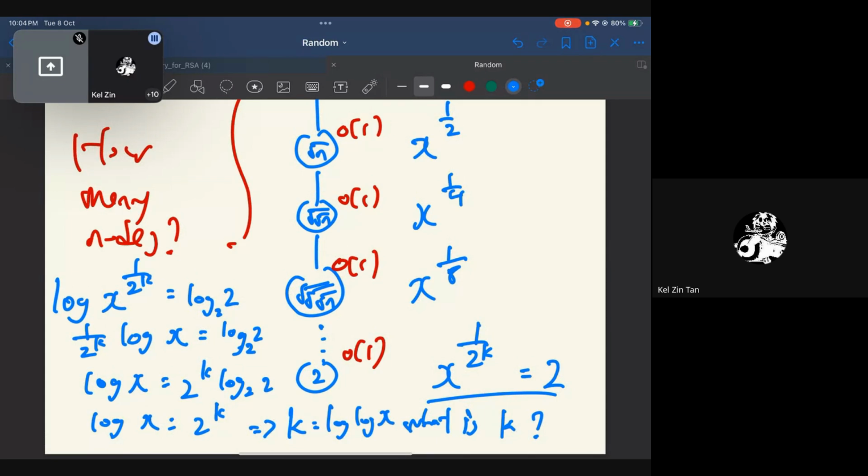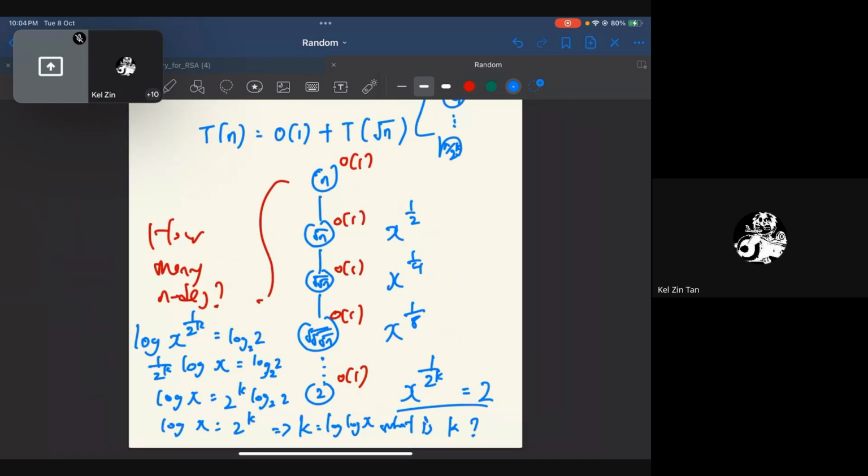So the height of the tree is log x. Therefore, we have that Tn is O(log n). Is this clear?